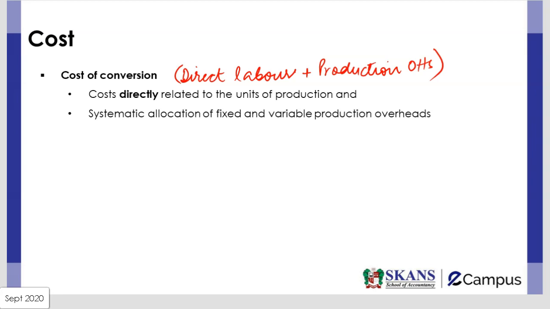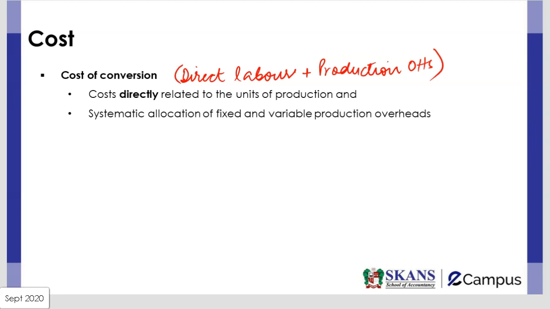A common misconception is that students, whenever they see the word overheads, automatically assume that these are indirect expenses, although this is not true. Even the depreciation of plant or salary of a supervisor who is directly involved in the manufacturing process will be added to the cost of inventory. Why? Because they are manufacturing overheads.